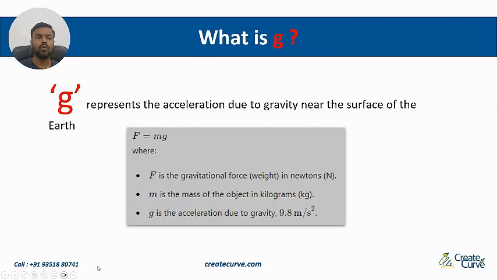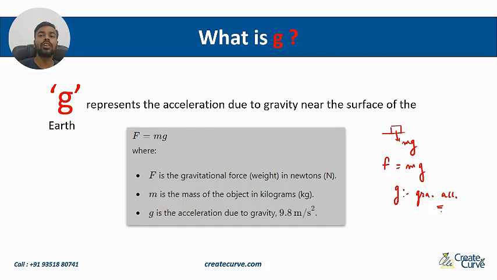Okay, now we always come across a value which is small g. We always say this is gravity, that it is a gravitational force, but actually small g is not a gravitational force. Small g is the acceleration due to gravity. If I say any object has mass m, then the weight of the object, or the gravitational force on this object, is mg, so small g is nothing but the gravitational acceleration.